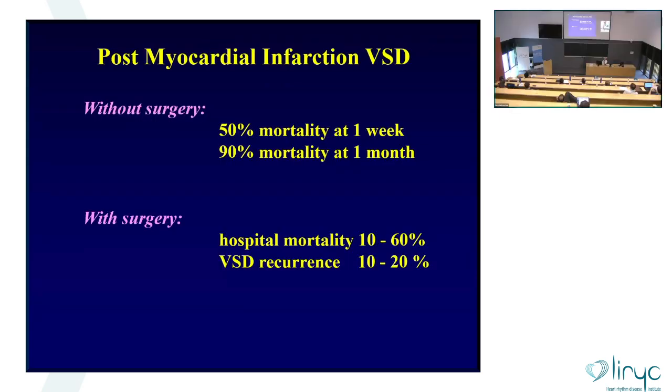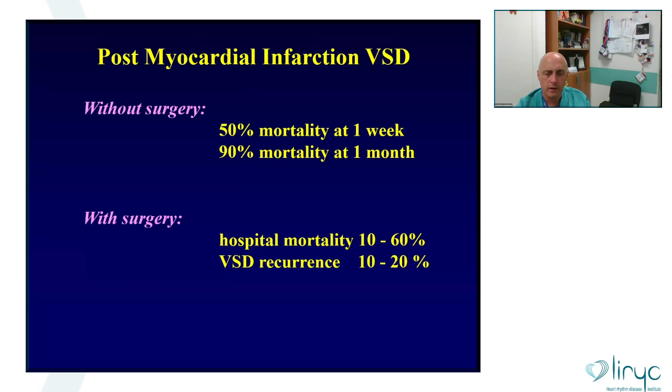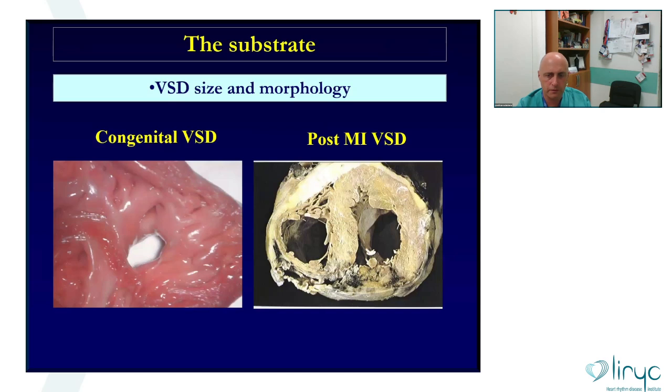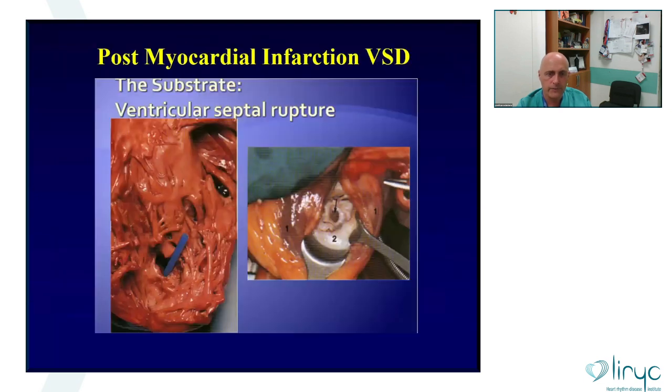And finally, just a few words about post-myocardial infarction VSD, which is a very challenging population with high mortality, and the anatomy is much different. It's not a hole, it's kind of a tunnel within diseased and dead tissue. The substrate is really a ventricular septal rupture rather than a congenital defect, for sure.